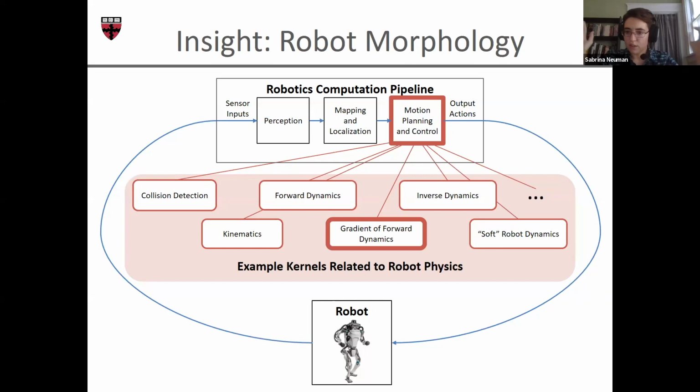That is to say, be a domain expert and use your knowledge of what the overall goal of these kernels is, and whether they are manipulating the robot physically. If they are, you can look for these opportunities to parallelize according to robot properties.